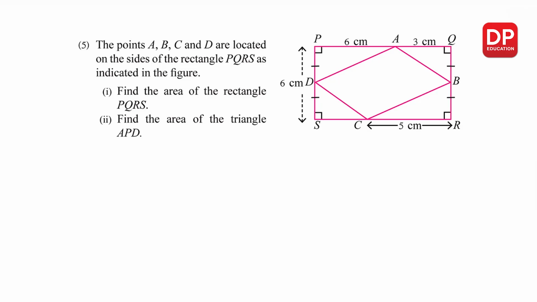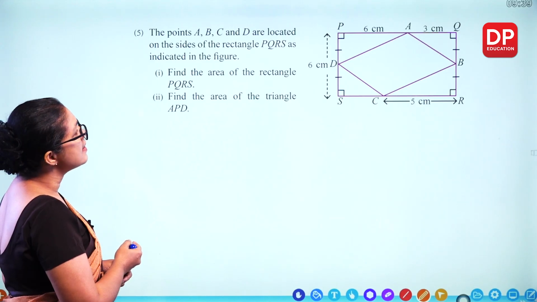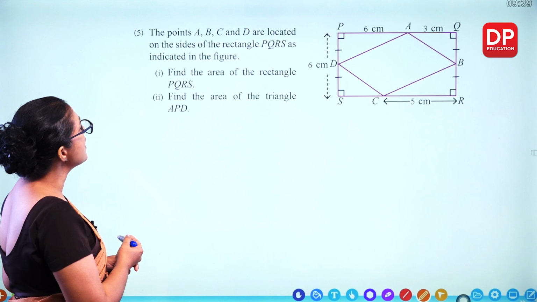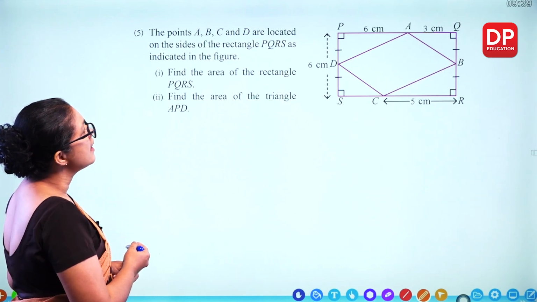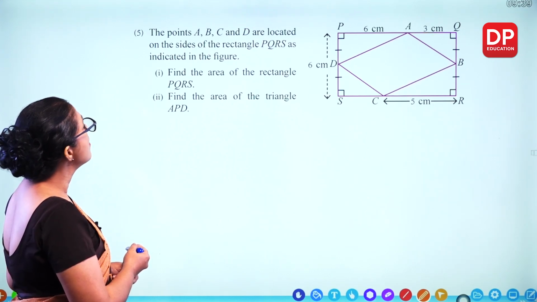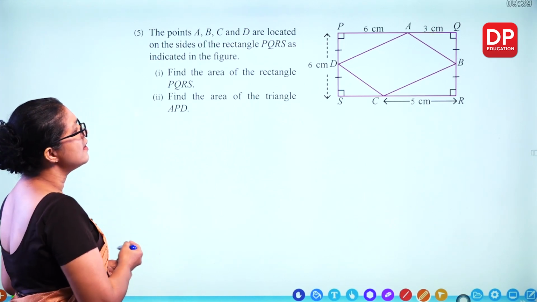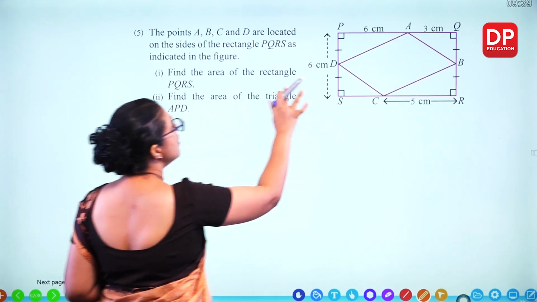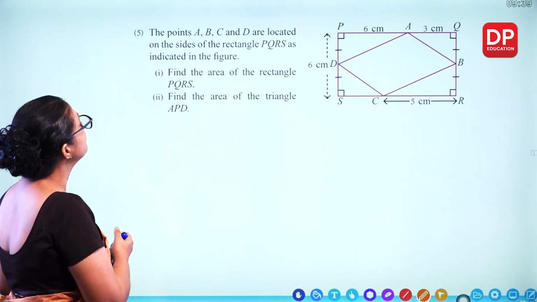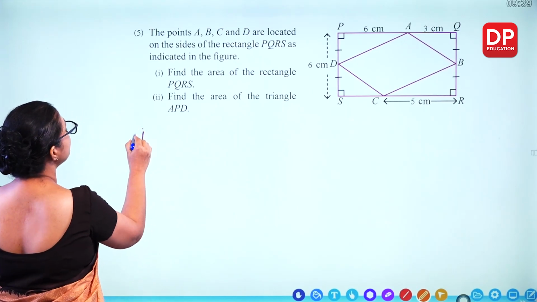Question number 5. The points A, B, C and D are located on the sides of the rectangle PQRS as indicated in the figure. Find the area of the rectangle PQRS. That's the big area. So what's the area?